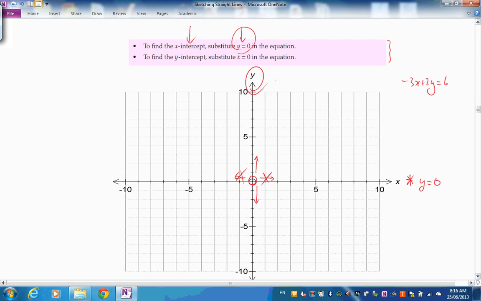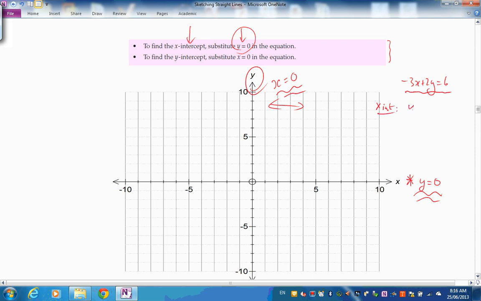So the y-axis is called the line x equals 0, because there's been zero movement backwards and forwards in the x direction. So this is the reason why we're going to put x equals 0 and y equals 0 in our equation. So let's come over here now. What will we do? Let's find the x-intercept.